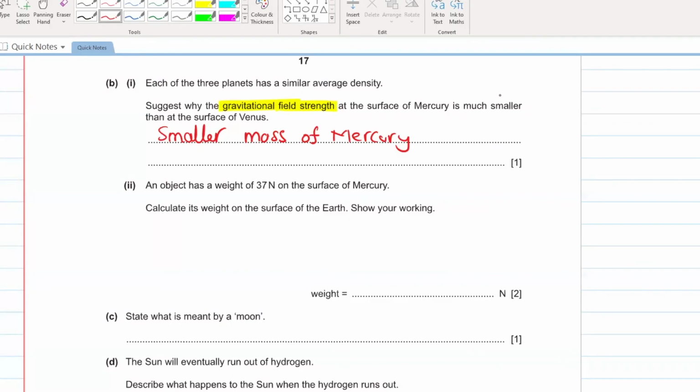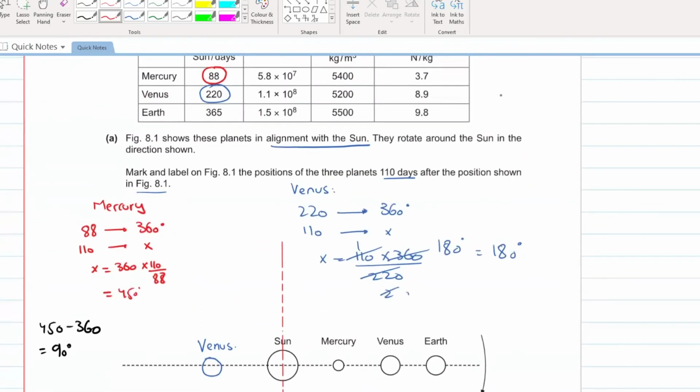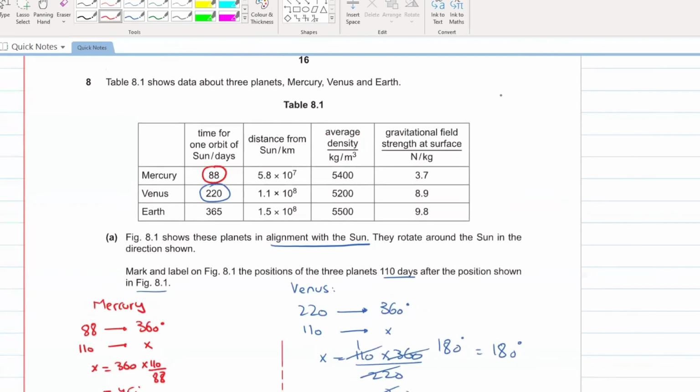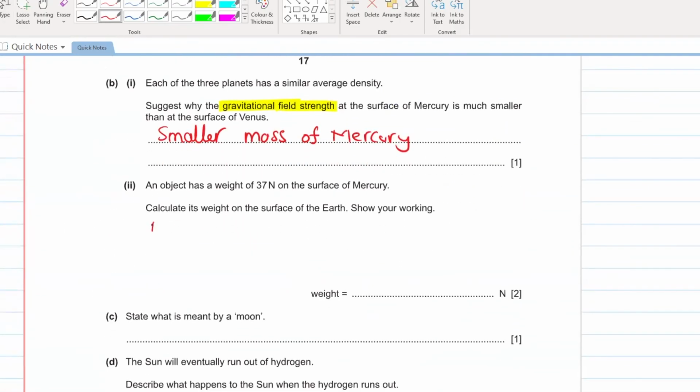If an object has a weight of 37 Newton on Mercury, the gravitational field strength on Mercury is 3.7. Can you calculate the mass? Yes. Weight is equal to mg. 37 is equal to m into 3.7. Divide it. Mass comes out to be 10 kg.